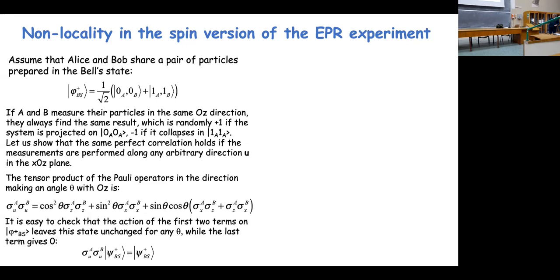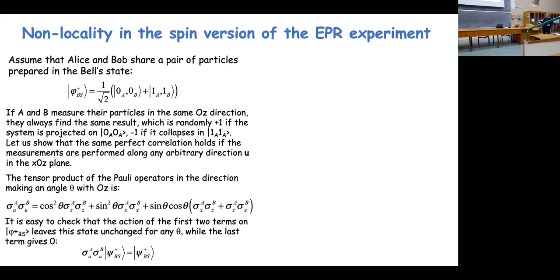And now let's have this operator acting on this state. What you can find is that here you have cosine square theta acting sigma Z1, sigma Z2 will give you exactly the same state, because sigma Z acting on this and this will give you +1, and this time you have 2 times -1, which gives +1 again. And again, this state, which is sigma X, will flip 0, 0 into 1, 1, and back the other one. So you get the same thing here.